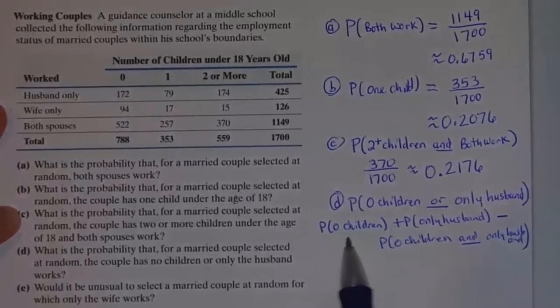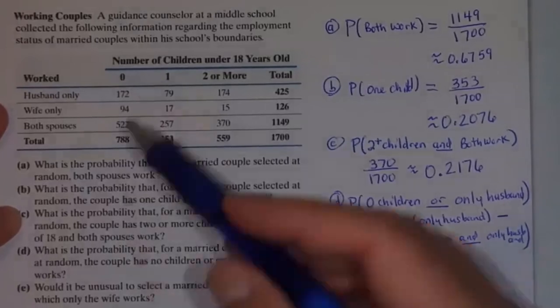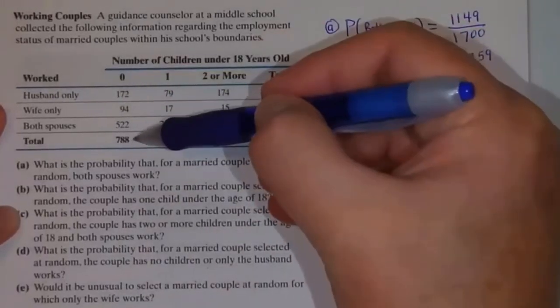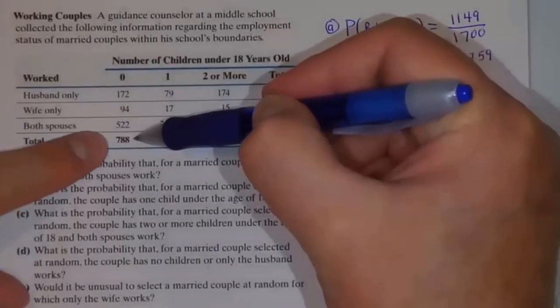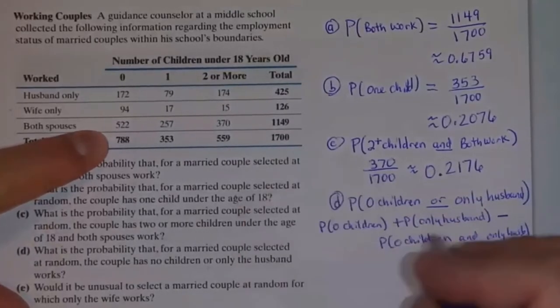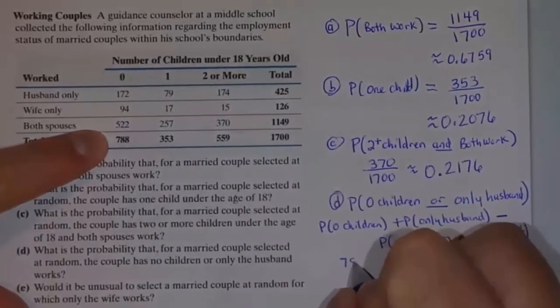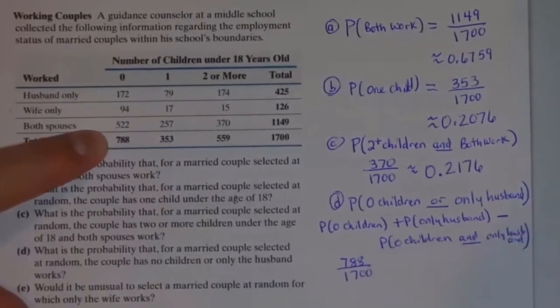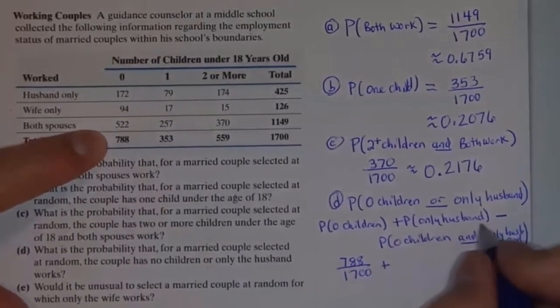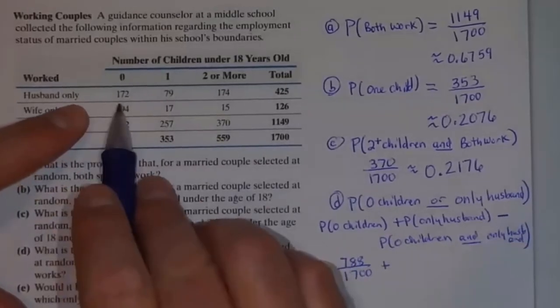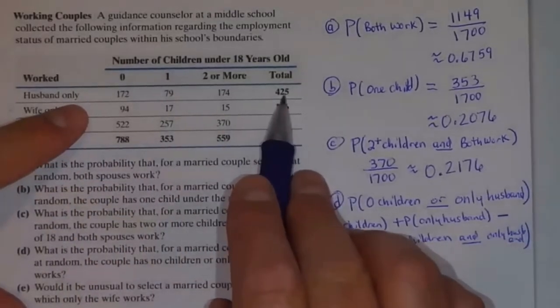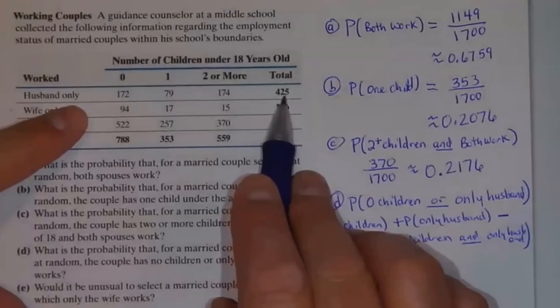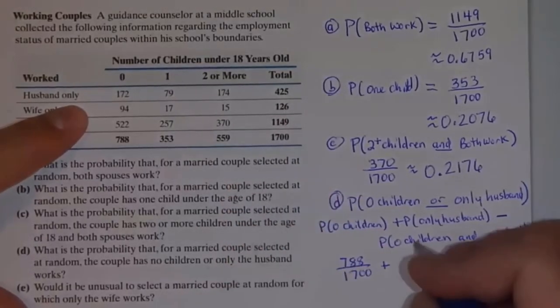So what's the probability of 0 children? Well, there are 788 couples that have 0 children out of the 1,700. So that's going to be 788 out of 1,700. What is the probability that only the husband works? There's 425 couples where only the husband works out of the 1,700 couples.